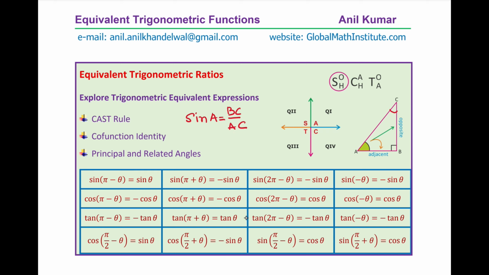So once again, if sine theta is y, what I'm doing here is that I've taken a unit circle. So what you see here is a unit circle. Now in this unit circle, if my point is x and y, then clearly the cos of theta is x and sine of theta is y, correct?